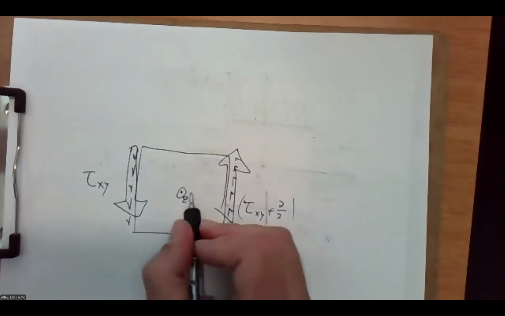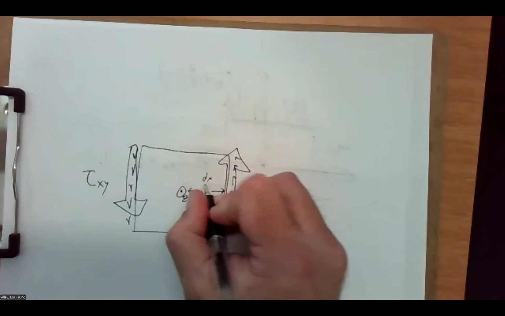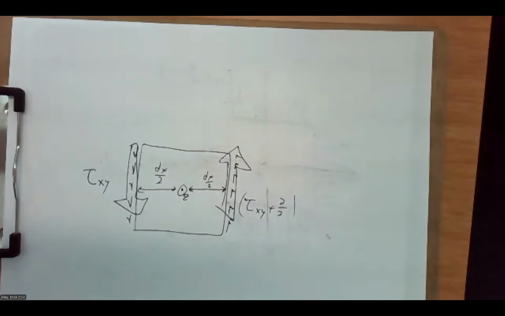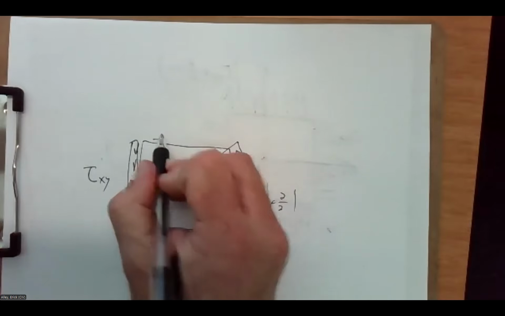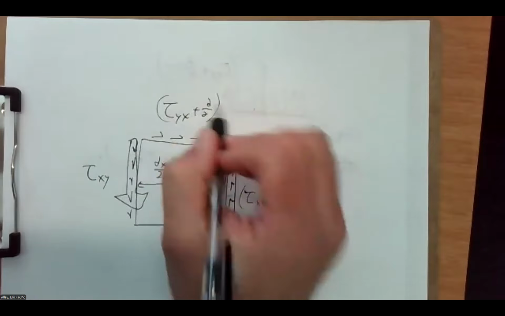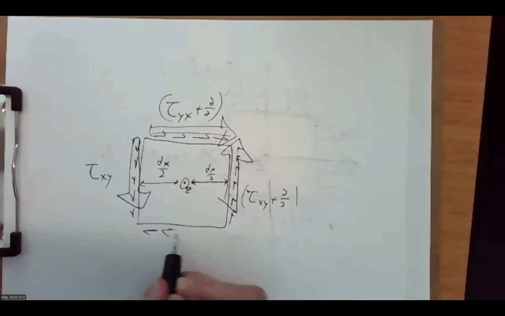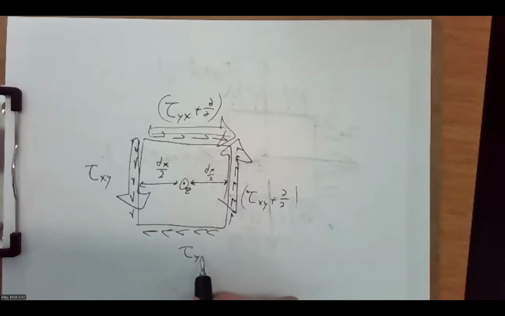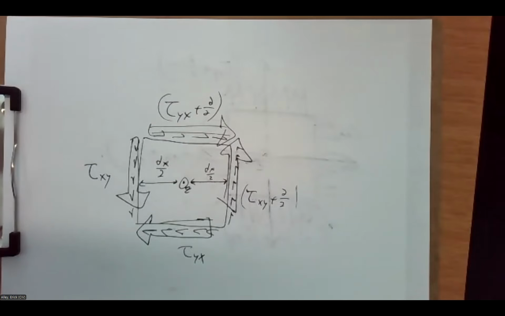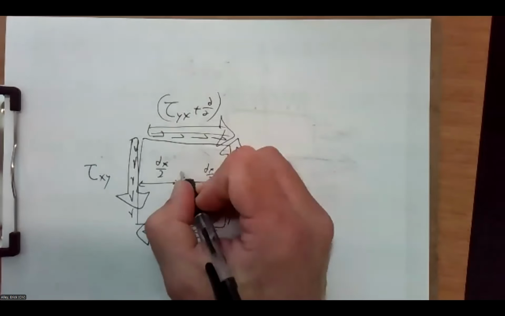So these two are going to give us some stresses. Here we got dx over 2 and we got dx over 2 here. Those are going to be our moment arms, right? And then on the top, I've got tau yx plus the differential stuff, and that's going to be going this way. And then on the bottom, I've got tau yx. That net force, multiplied by area, is going to be going to the left. So those are each going to have a dy over 2.